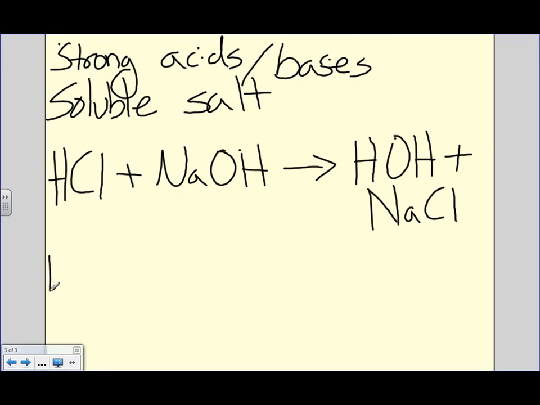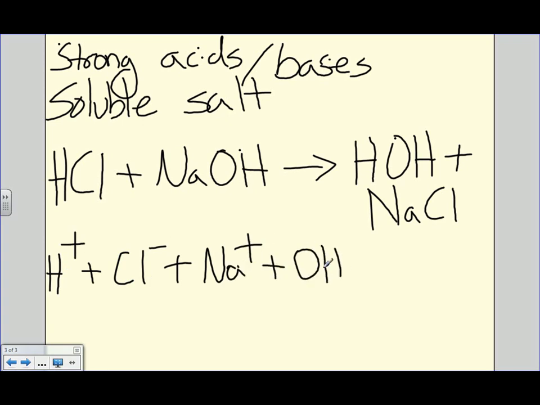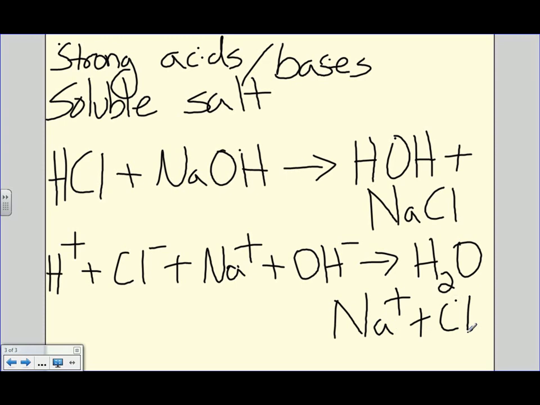Since hydrochloric acid is a strong acid, we would ionize it into hydrogen cation and chloride anion, and we would add it to sodium cation, because sodium hydroxide is a strong base, and hydroxide anion, and that's going to produce our water. Since it's a liquid, we leave that formula alone, and the soluble salt, sodium chloride. And you'll notice in this example that the sodiums and the chlorides are spectator ions, and we're left with hydrogen plus hydroxide making water.